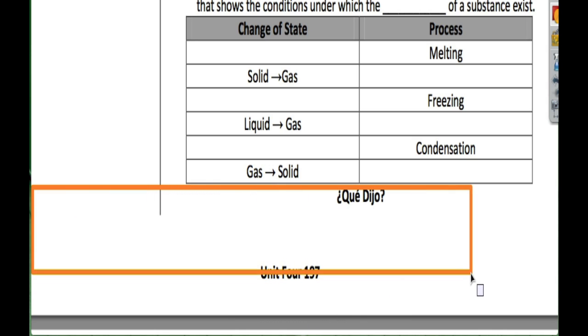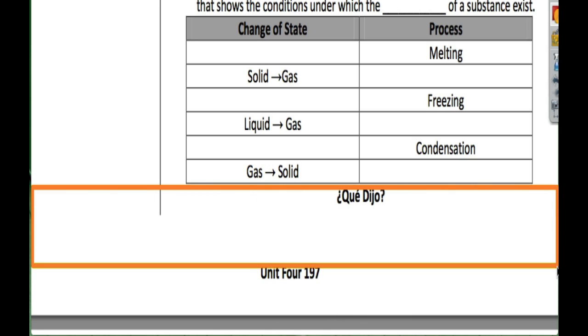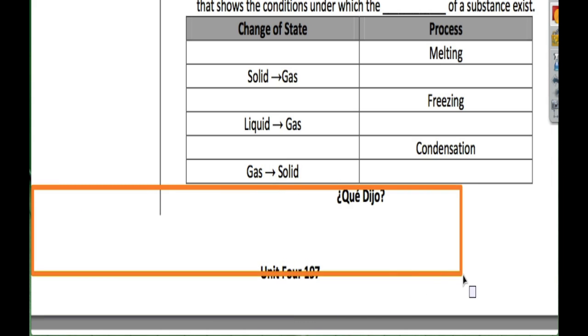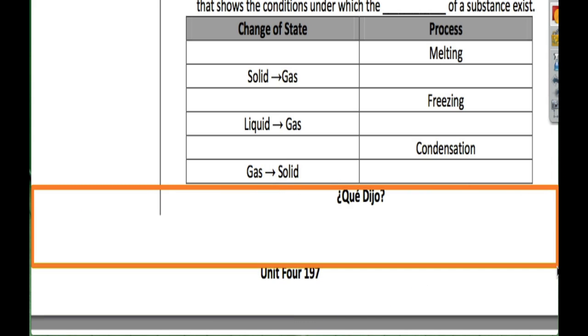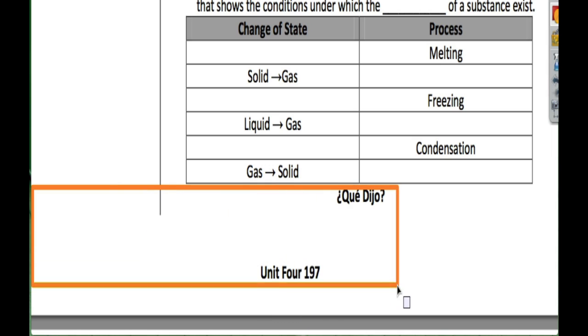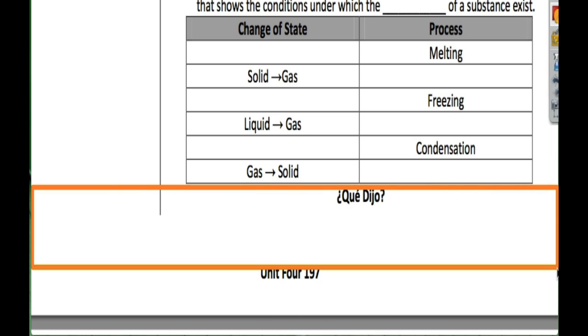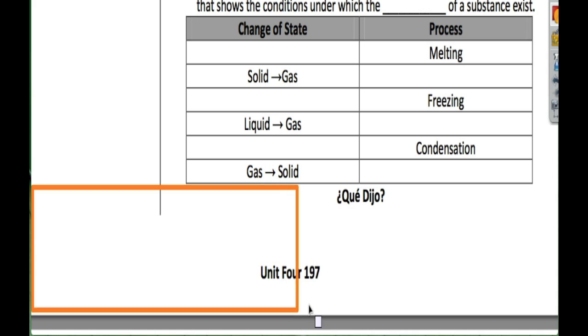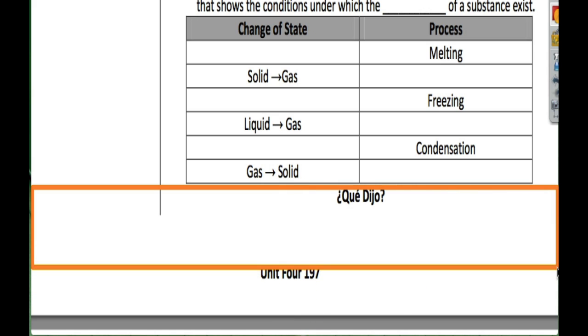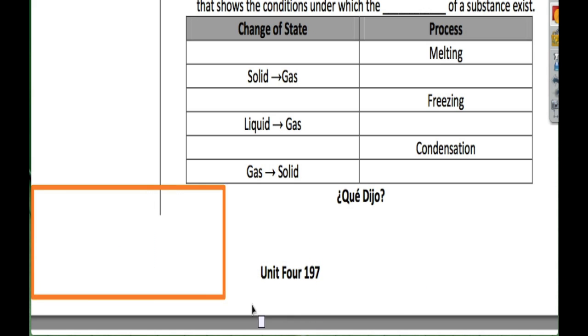And then at the bottom, perhaps most importantly, is where they get an opportunity to summarize in writing what they took away from the lesson. And that's what's so important, that they can, in their own words, describe what they learned for that day.